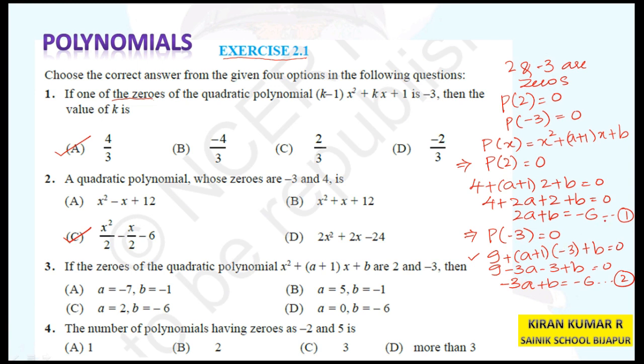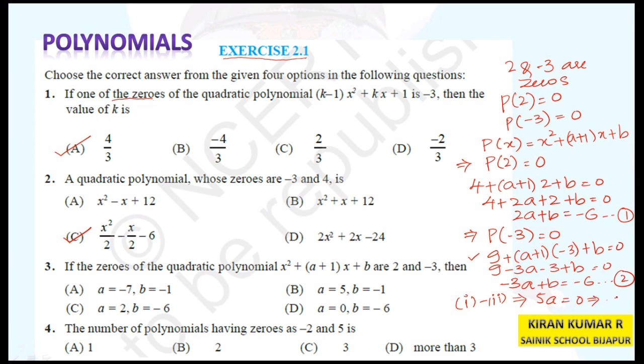Now if you subtract equation 2 from equation 1, that is, equation 1 minus equation 2, we get b getting cancelled. 2a plus 3a becomes 5a, which is equal to 0.